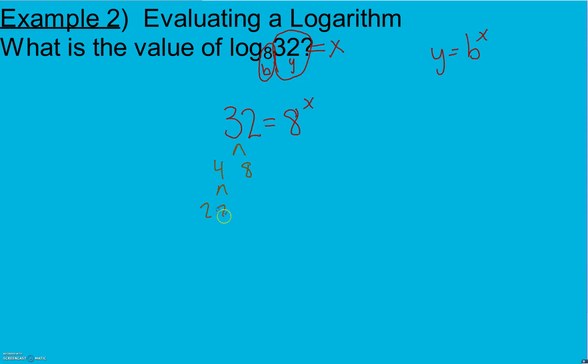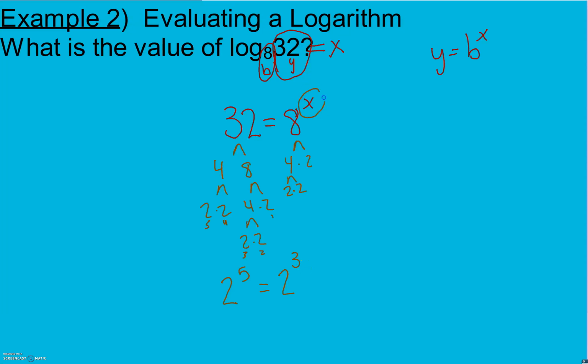4 is 2 times 2. 8 is 4 times 2, which is 2 times 2. So we have 2 to the 5th power. 2 to the 5th power equals 8, which is 4 times 2, which is 2 times 2, which gives me 2 to the 3rd power.